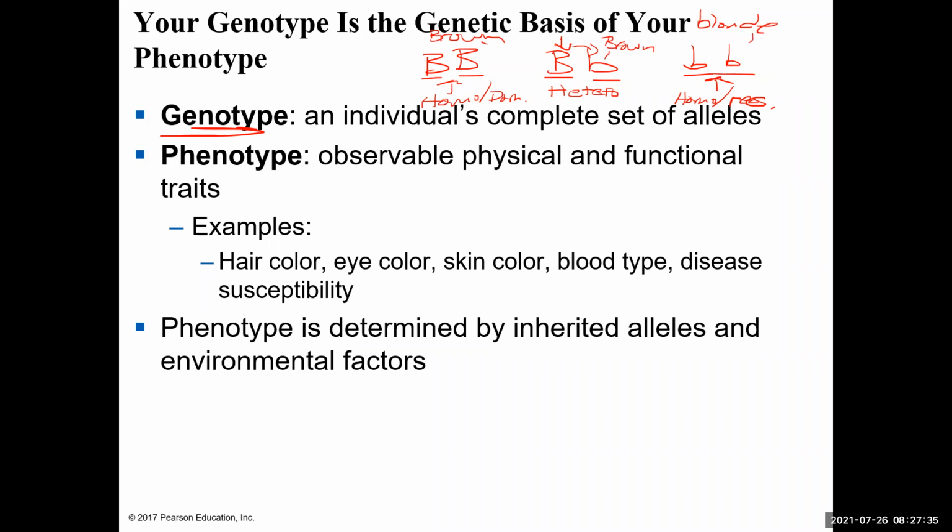The phenotype is the observable physical, functional trait, for example hair color, eye color, skin color, blood type, disease susceptibility, or height. All your physical traits are generally underlain by the specific genotype that you have. Phenotype is determined by those inheritable alleles, but environmental factors can also affect it, and we'll mention that in a little bit.